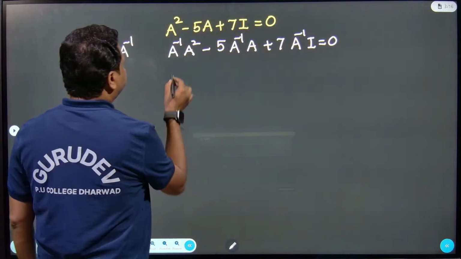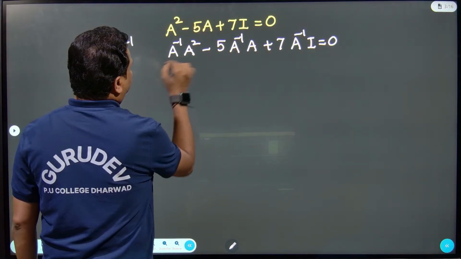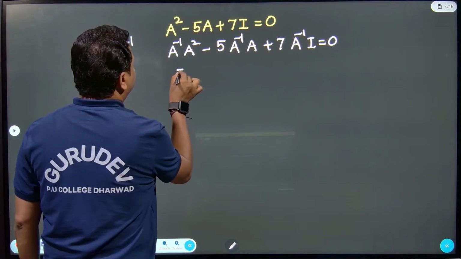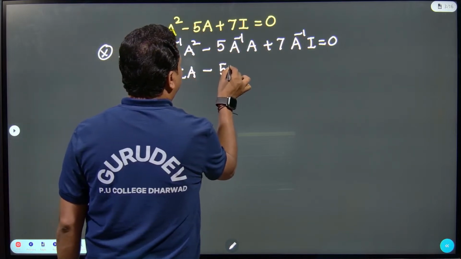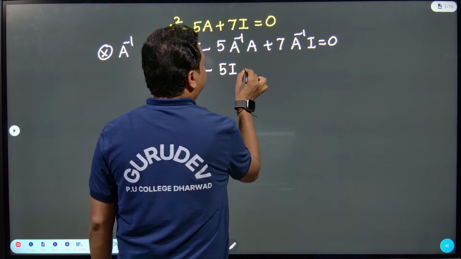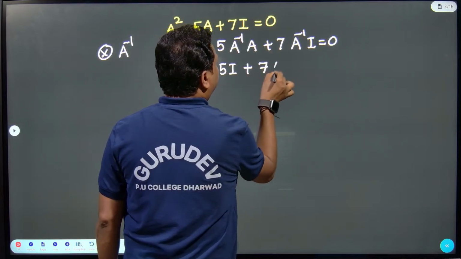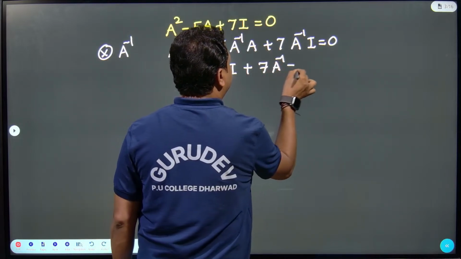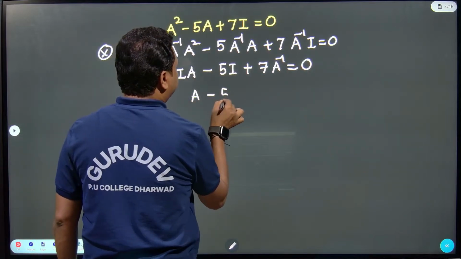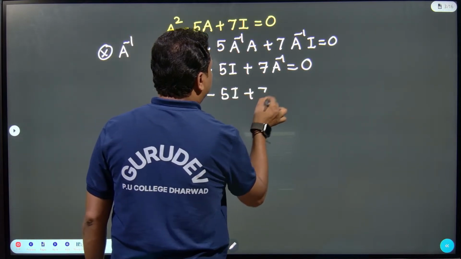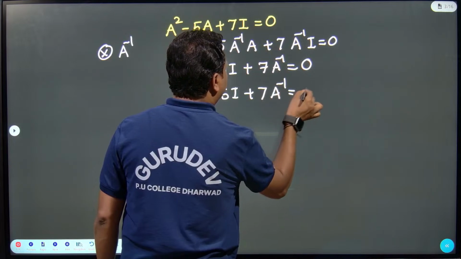Therefore what we get, A inverse into A is I, so it will become I into A. I repeat, I into A minus 5, A into A inverse is I itself, plus 7 into A inverse into I is A inverse, should be equal to null matrix. I into A is A, minus 5I plus 7 into A inverse equal to null matrix.